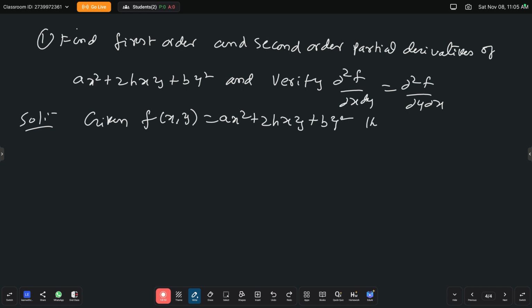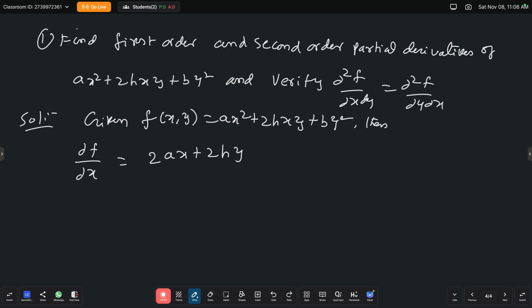Then find the first order partial derivative, that means with respect to x and with respect to y. ∂f/∂x, with respect to x, y will be constant. You know that, 2ax + 2hy.